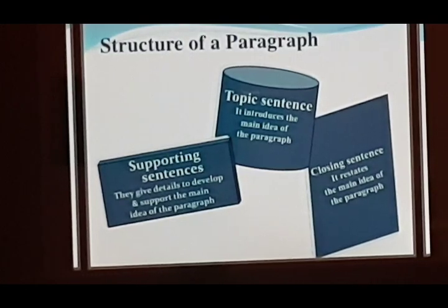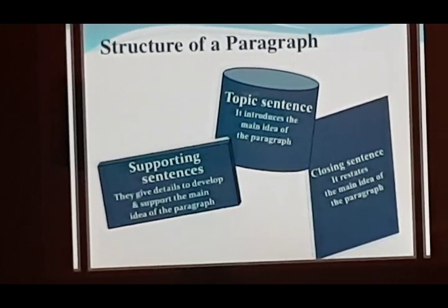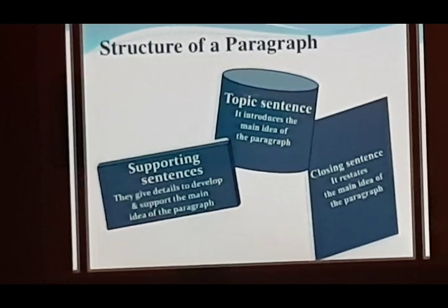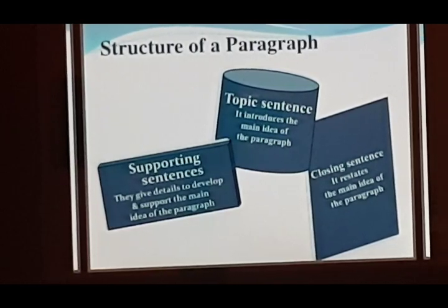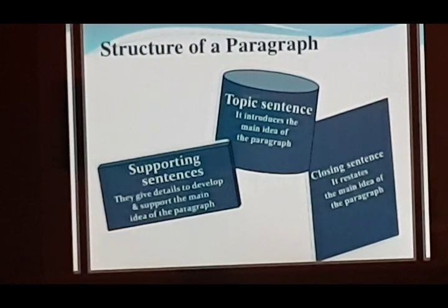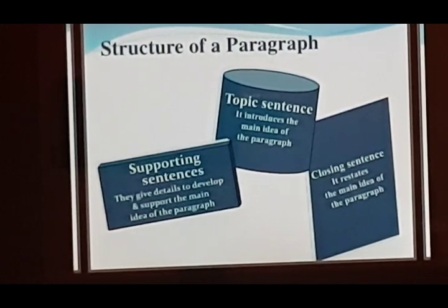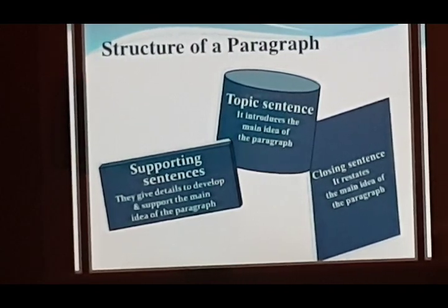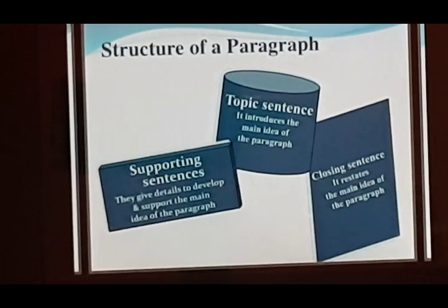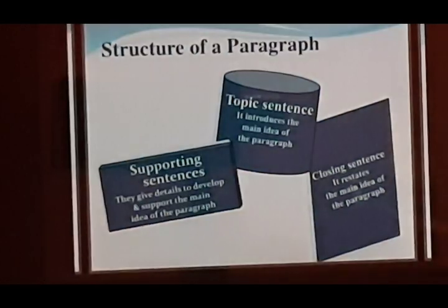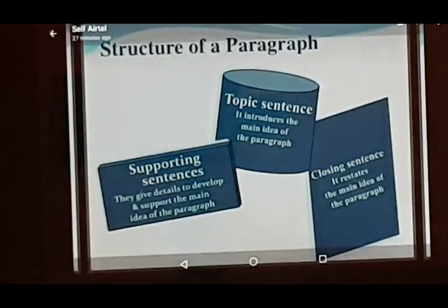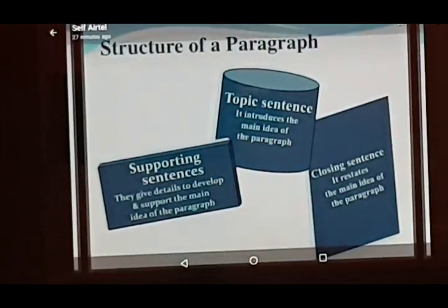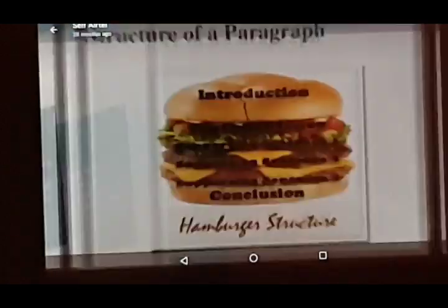Then comes the supporting sentence, or it can be more than one supporting sentence. So first is the topic, the introduction about the subject, then come the supporting sentences which give us detail about the main topic or the main subject, and last is the closing sentence or the conclusion, what we call it. It restates the main idea of the paragraph.